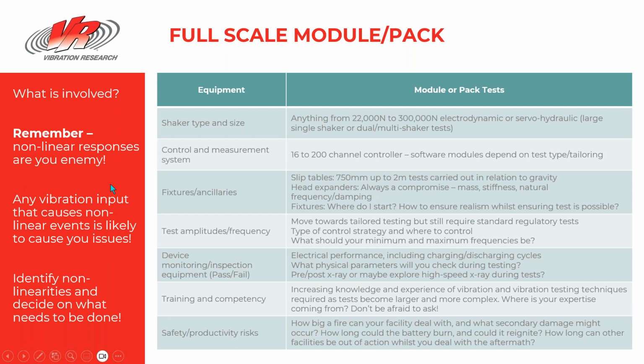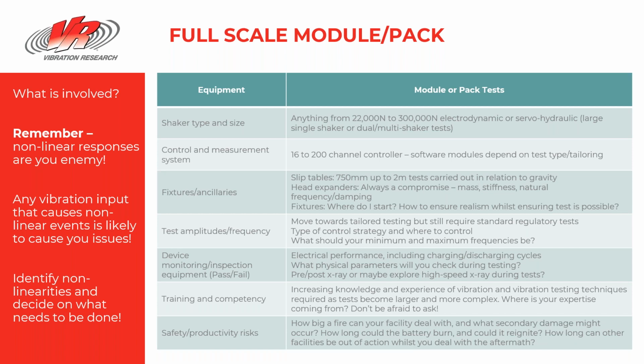Now moving on to full-scale module or battery pack testing. The shaker size here could be anything from a 22 kilonewton shaker up to 300 kilonewton shakers for the huge vibration battery packs, or you could be looking at servo hydraulic systems, because when you're testing the whole battery pack you may only be interested in the low frequency, having covered the higher frequency at a lower module level.